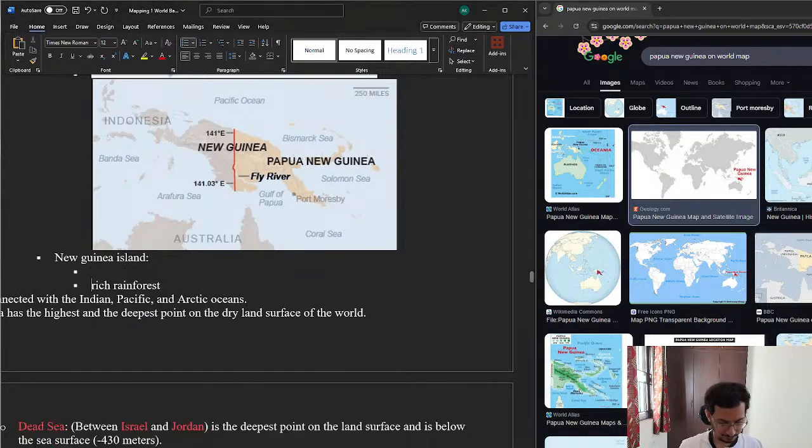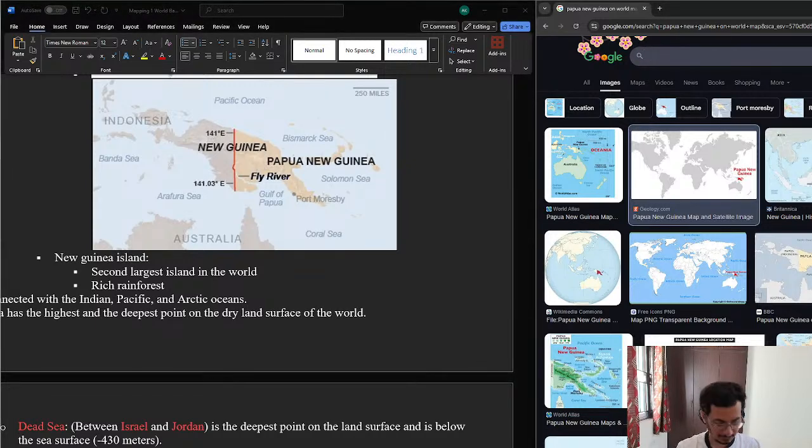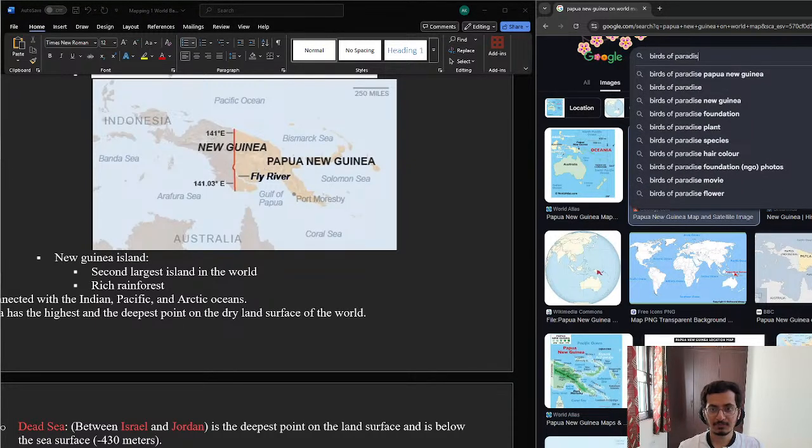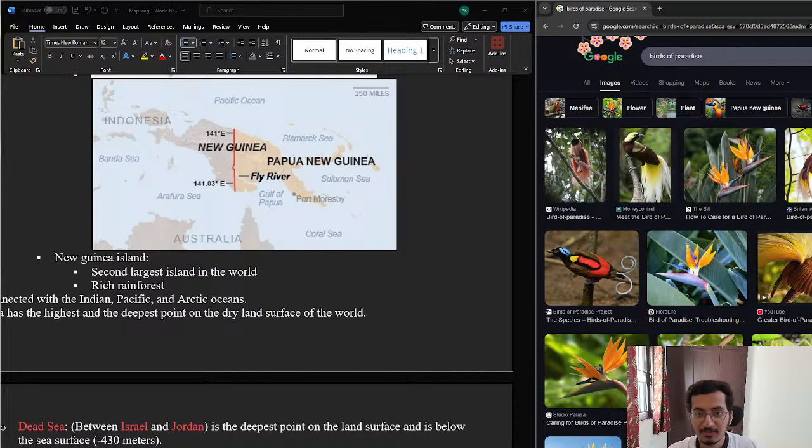Second level. It has rich rainforest. And the third one, birds of paradise, is something you should do. Birds of paradise. Oh, birds are beautiful. No, that's so nice.